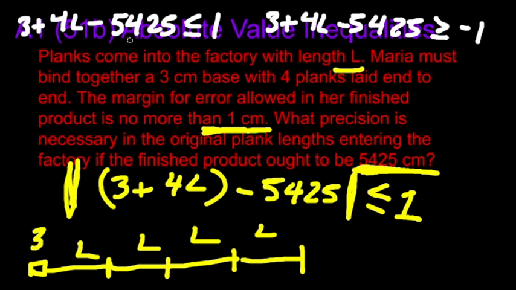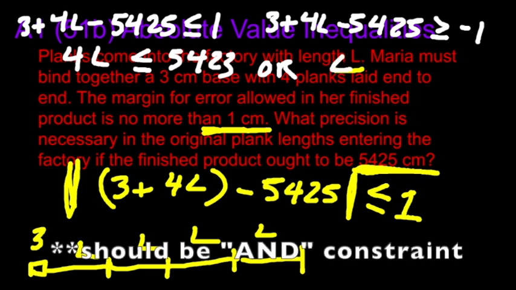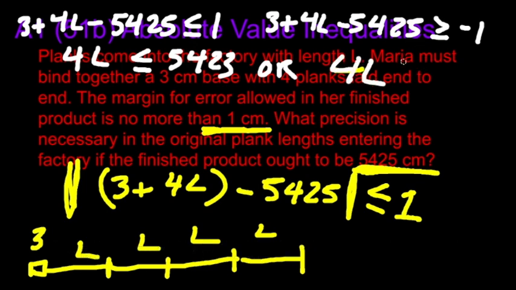And then you just go through your steps to solve it. So add this to both sides, subtract 3 from both sides. We're going to get 4L is less than or equal to 5,426 minus 3, 5,423, or 4L is greater than or equal to 5,424 minus 3 would be 5,421.